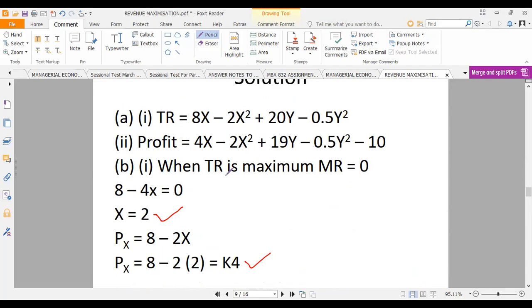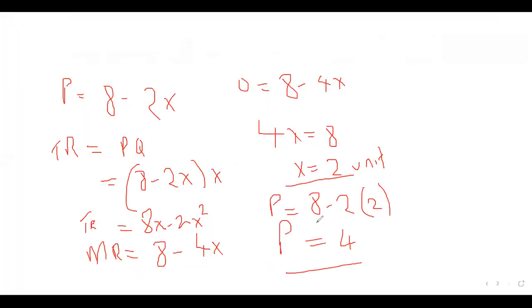Now, the other question is to find the maximum revenue itself. If you're asked to find the maximum revenue itself, we know that TR is price times quantity. So our price is 4, the quantity is 2. So the maximum revenue is 8 itself.